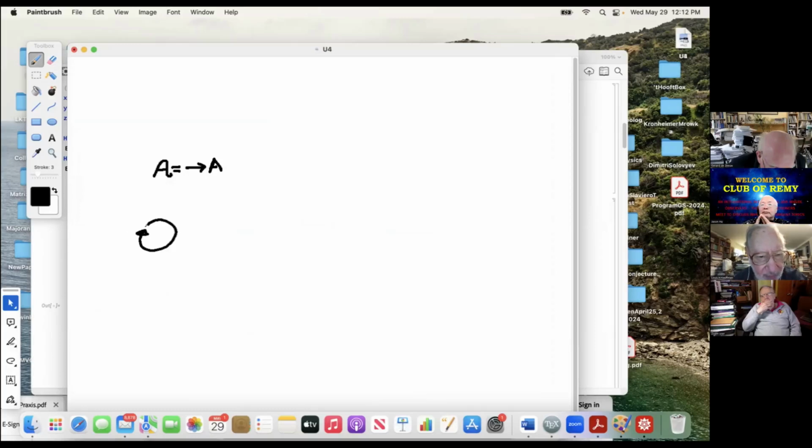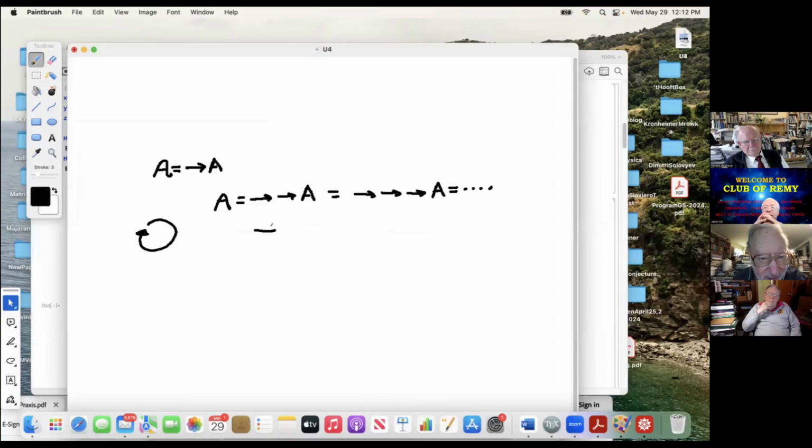If I start with that and I keep on substituting into it, then I will get a process which looks like arrow, 2 arrows, 3 arrows, 4 arrows, and so on.